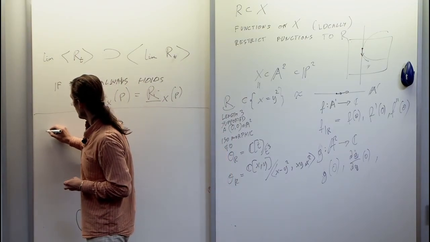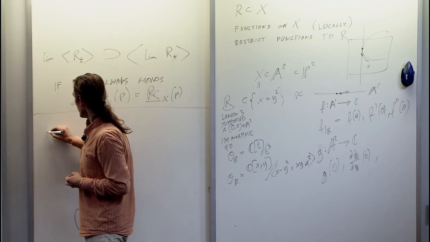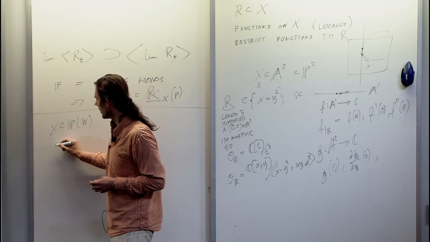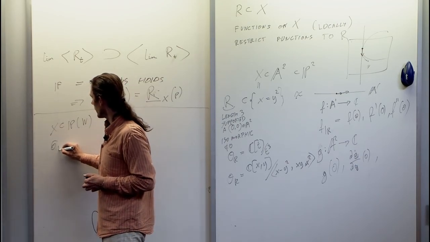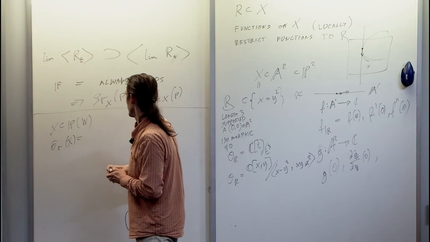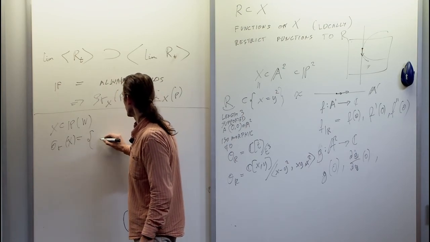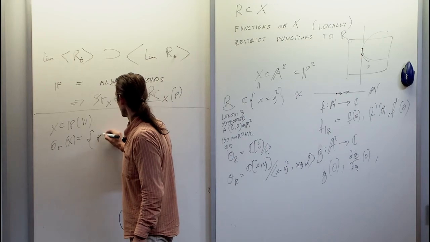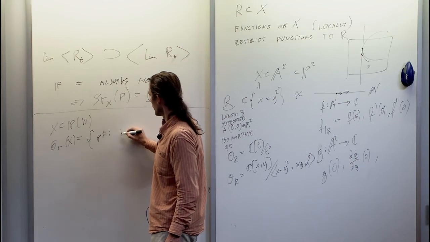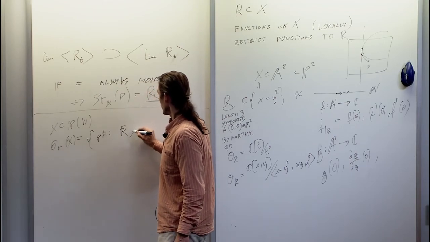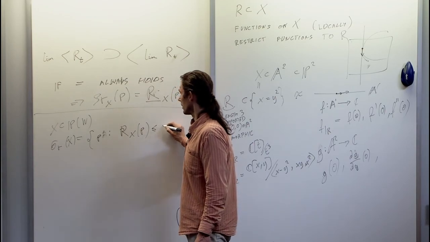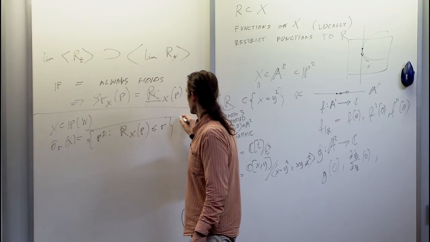If we have any smooth variety X in a projective space, then we can look at the secant varieties of X, which is the set of points P in the projective space such that the rank of P is at most R, and then you take the closure.